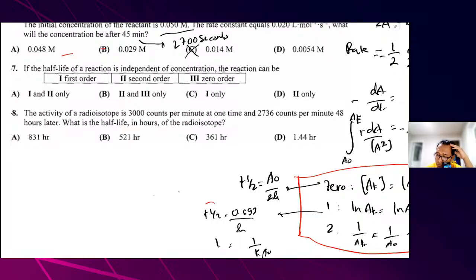It should be only the first order, because there is no dependence on concentration. I mean, not dependent. Okay.